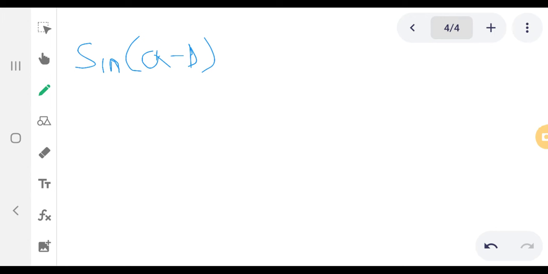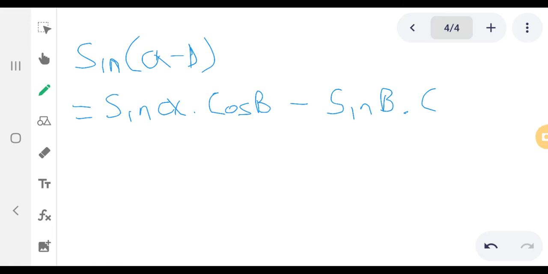Now, with that being said, using our compound formula, this can be given as the sine of alpha multiplied by the cos of beta minus the sine of beta multiplied by the cos of alpha.